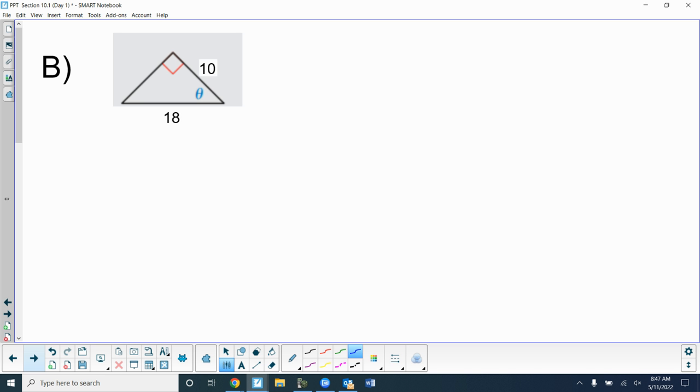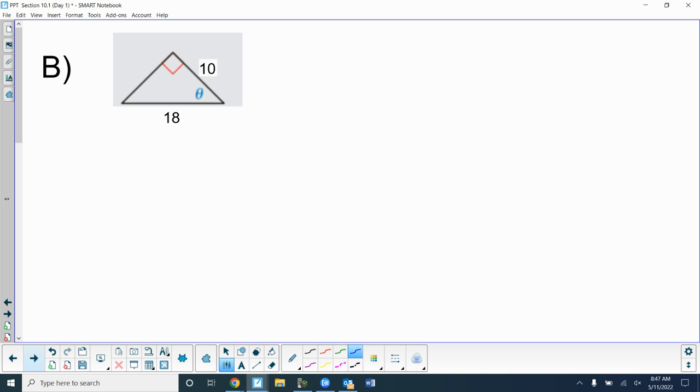Looking at theta, which side is the 10? Opposite, adjacent, or hypotenuse? Adjacent. Looking at the 18, opposite or hypotenuse? Hypotenuse.